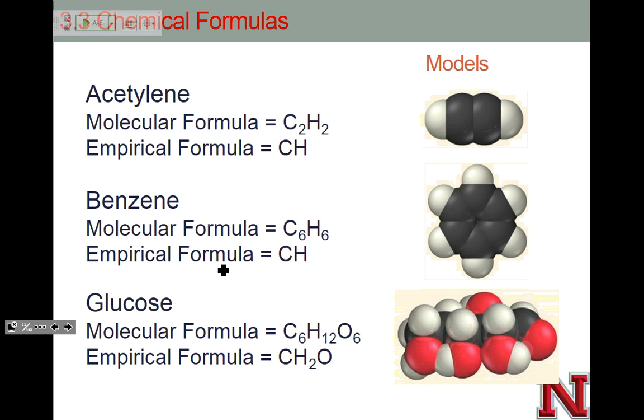Glucose, which is one of our sugars, is C6H12O6, but our empirical formula is CH2O. Typically, ionic compounds are always represented by their empirical formula. So usually it's just molecular compounds, those covalent bonds, where there's a big difference between the molecular formula and the empirical formula.